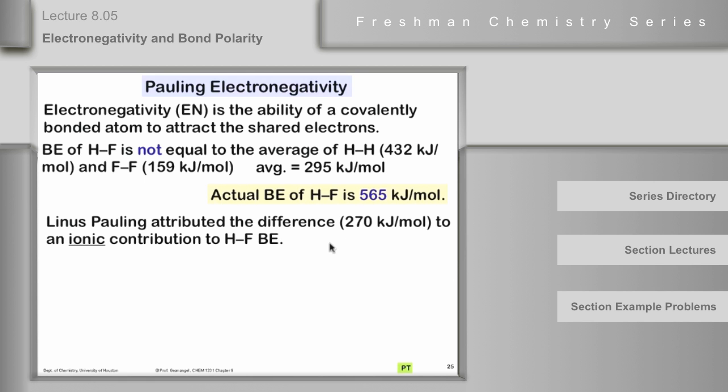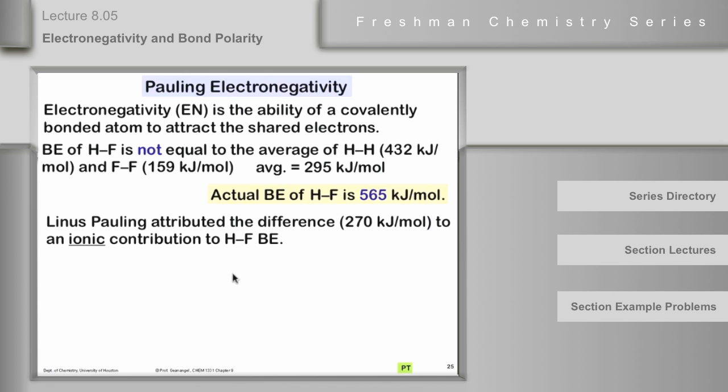And the ionic contribution is a measure of how much distortion there is in the sharing of the pair of electrons that make up this bond. In other words, how much it is drawn towards one atom or the other.